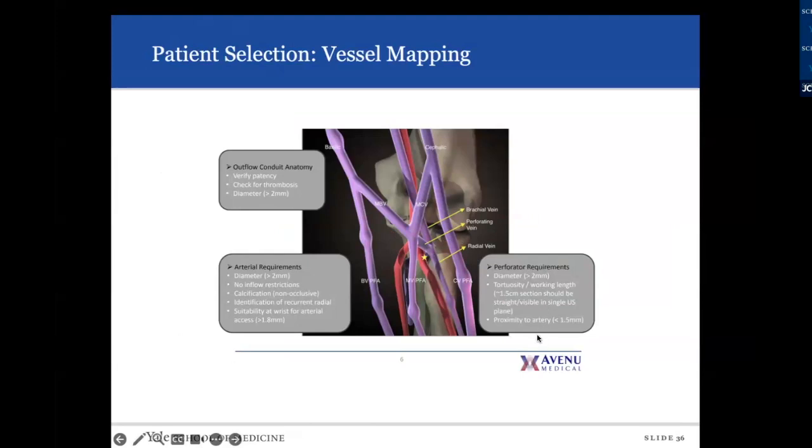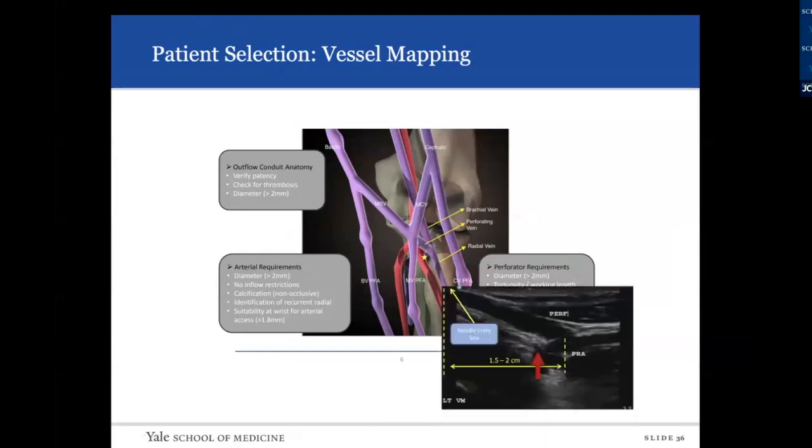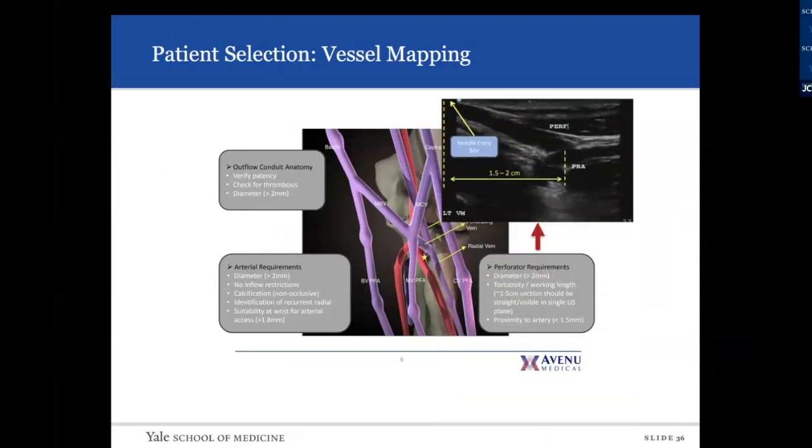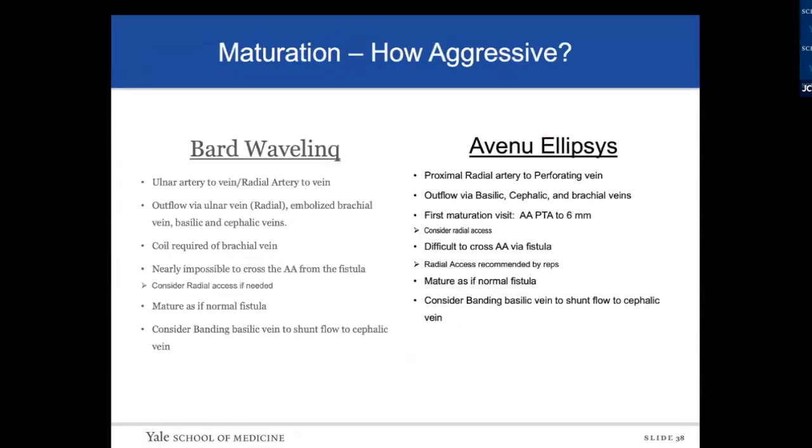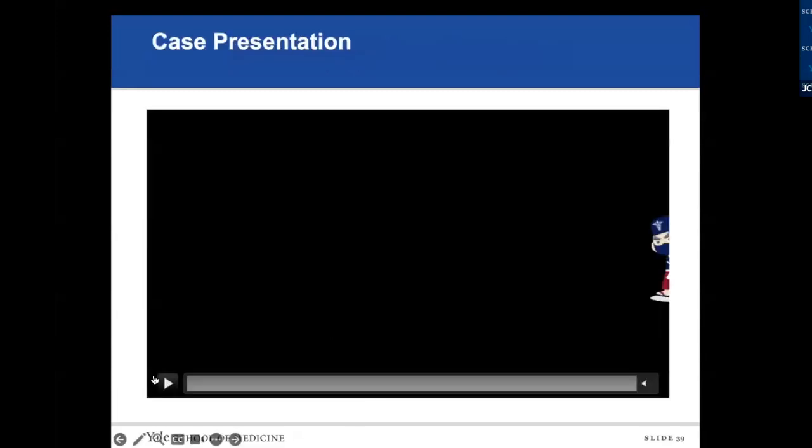They need to be not too far apart so that when you get the device in, you don't get into trouble. And I will show you the difference between one and the other. Again, at this point, I think most of us will prefer to do an Ellipsis fistula than a WaveLink fistula. But I'm going to show you a little video.